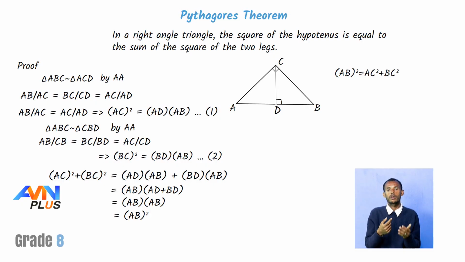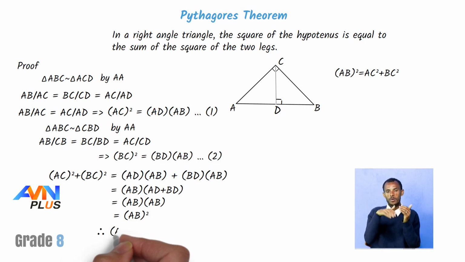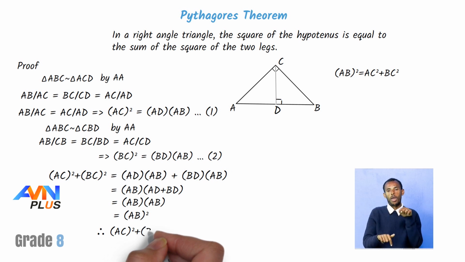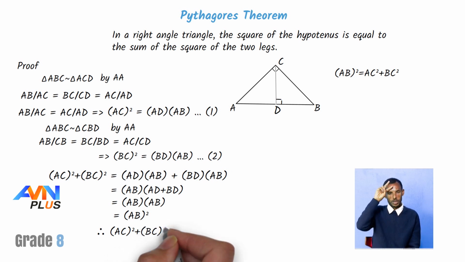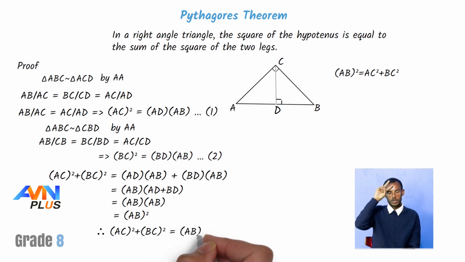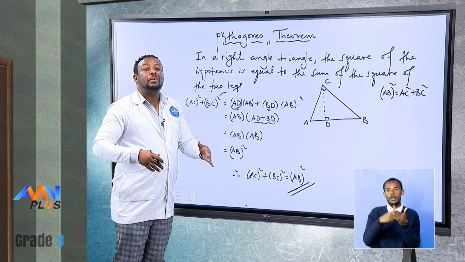Therefore, you can conclude that the sum of the squares of the two legs, AC square plus BC square, is equal to AB square, which is exactly what Pythagoras theorem is saying.